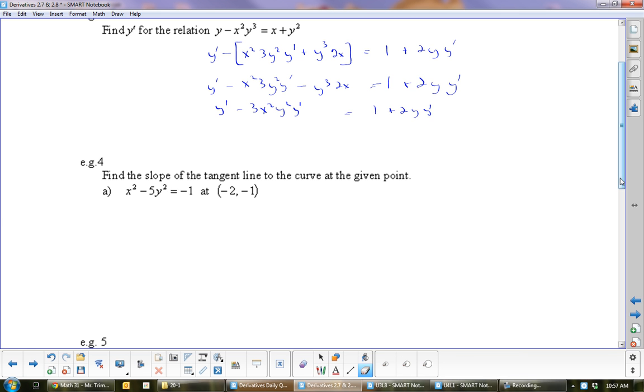Oh, I've got to get that on the other side. Minus 2y prime equals, if I want everything out of here, I had to get it on the left. I forgot it was over there. Now I've got 1, and I'm adding y cubed 2x, or 2x y cubed, whatever.